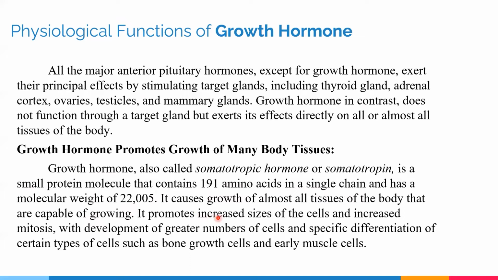It causes growth of almost all tissues of the body that are capable of growing. It promotes increased sizes of cells and increased mitosis with development of greater number of cells and specific differentiation of certain types of cells such as bone growth cells and early muscle cells.